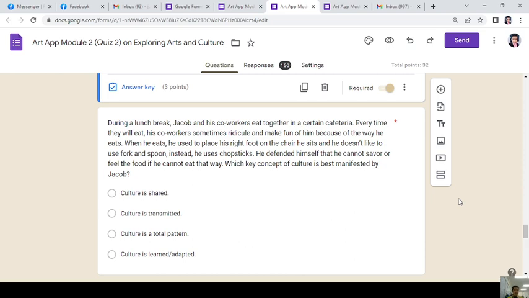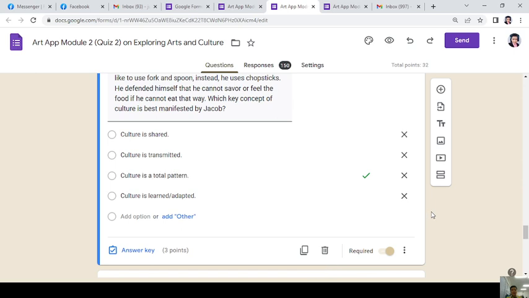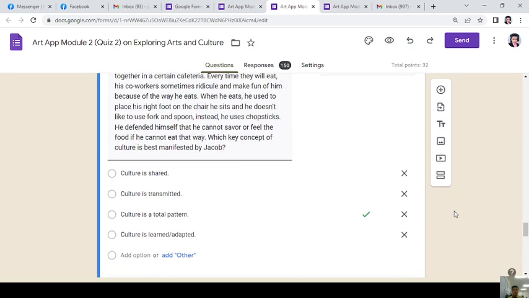Instead, he uses chopsticks. He defended himself that he cannot savor or feel the food if he cannot eat that way. Which key concept of culture is best manifested by Jacob? Culture is a total pattern.